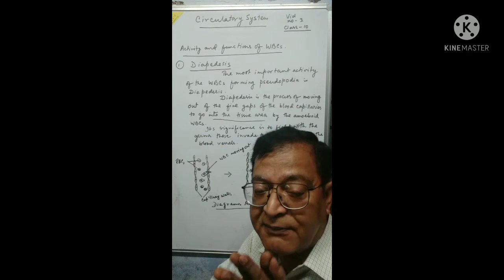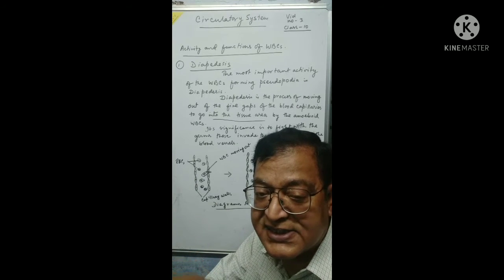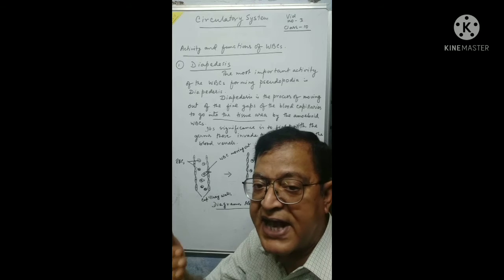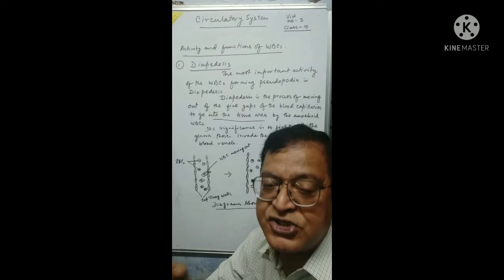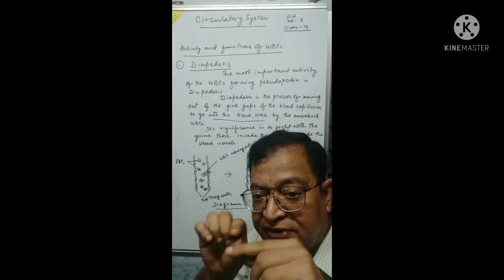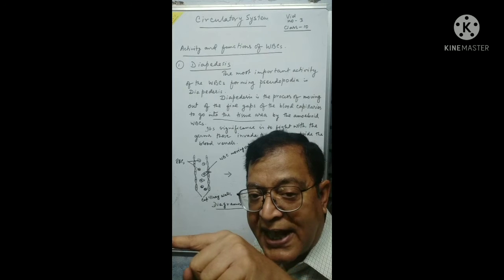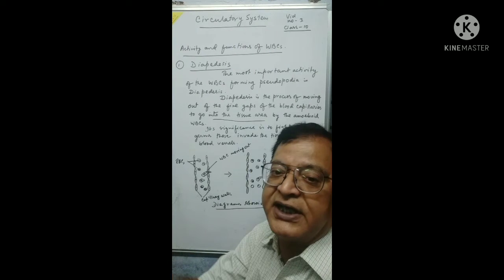When the cells outside the blood vessels are being attacked by foreign substances or germs, the WBCs make their body fine by making fine pseudopodia and come through the gaps of blood capillaries into the tissue area.